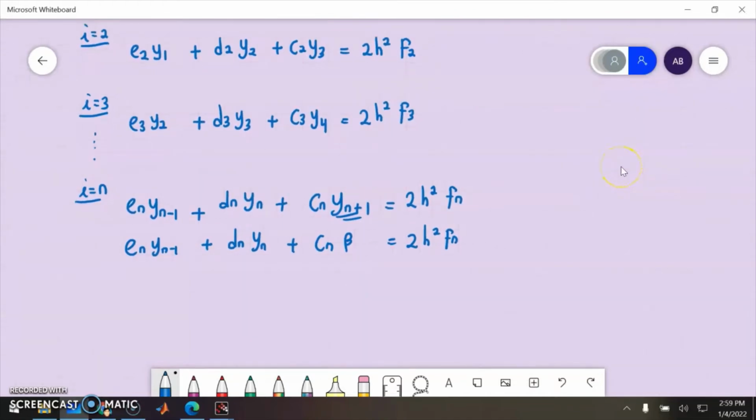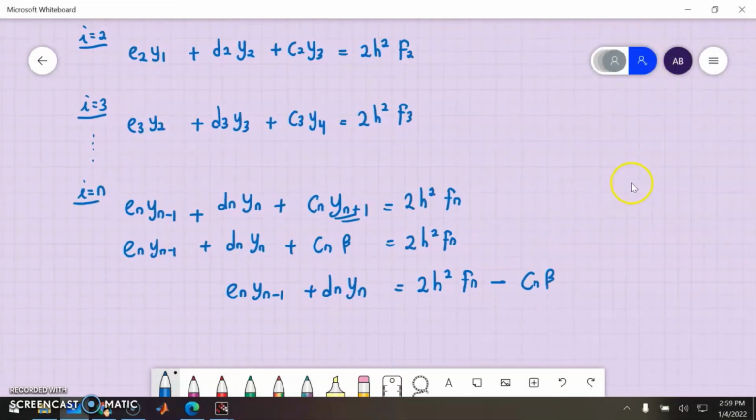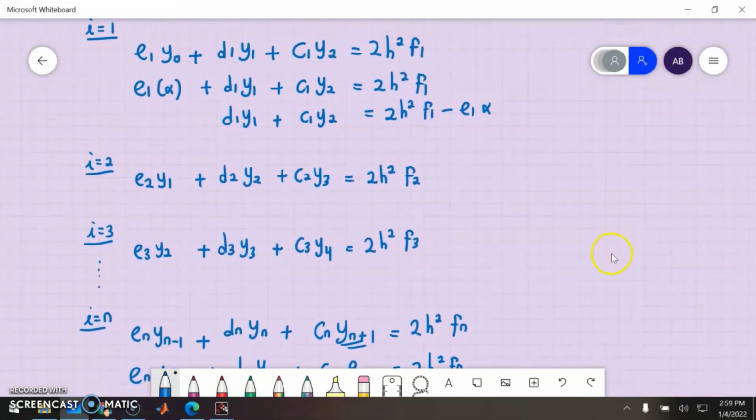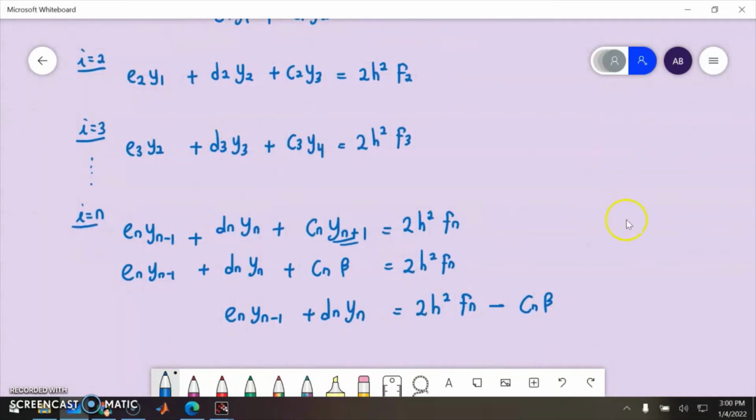Therefore, we have En Yn minus 1 plus DnYn equals 2H squared Fn minus Cn beta. With this information, I can write the system of equations.